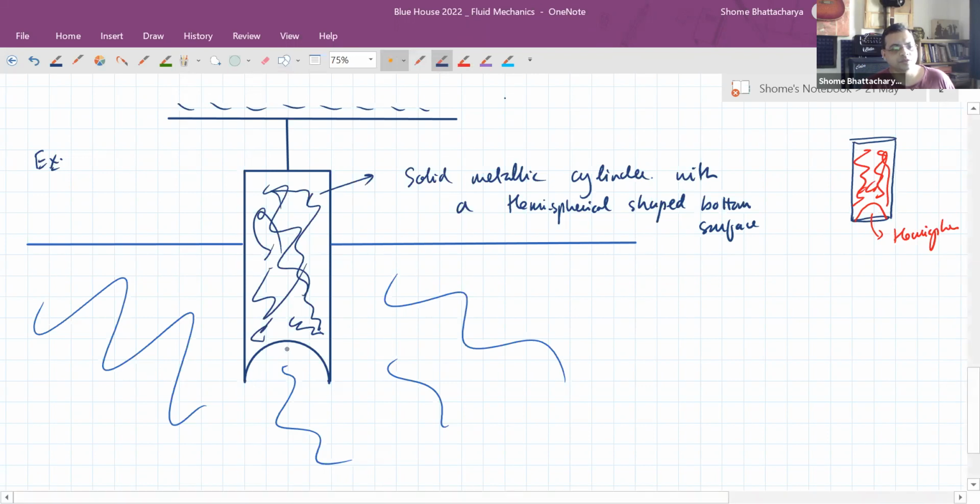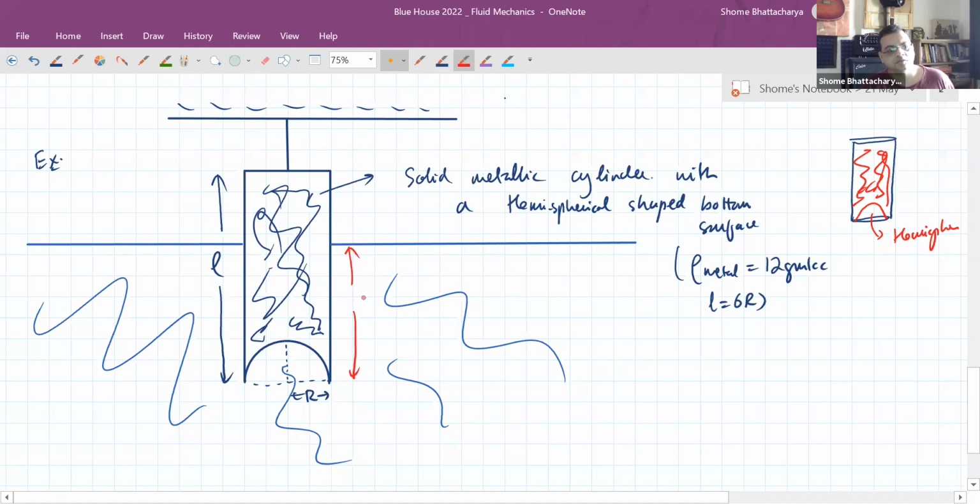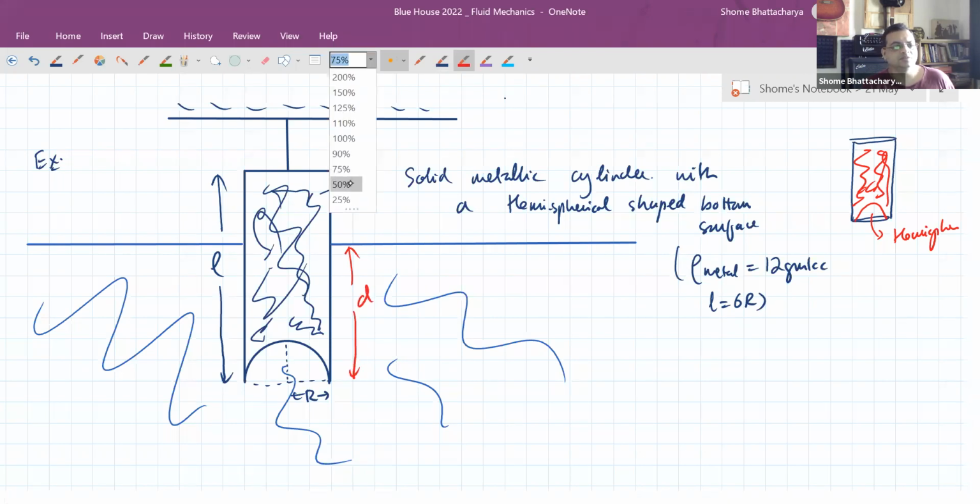Okay, so this length is L and this radius is R. Now the portion of it submerged, so it is suspended under water.